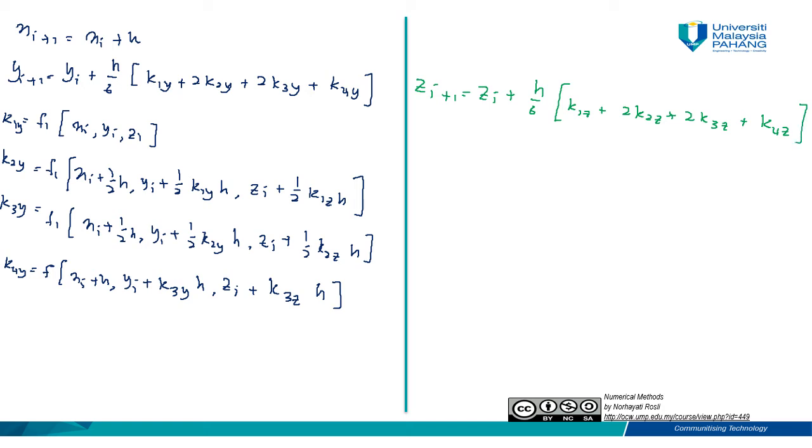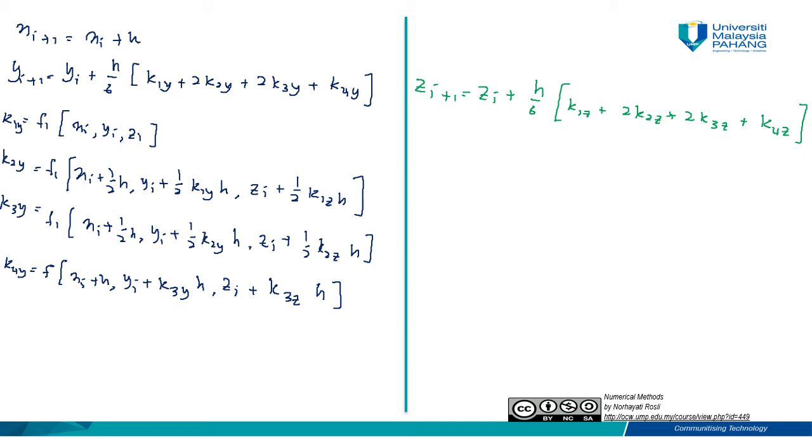So what is the formula for k1z, k2z, k3z, k4z? Exactly the same as the y part, but the difference is we just change k1y to k1z, k2y to k2z, k3y to k3z, and k4y to k4z.